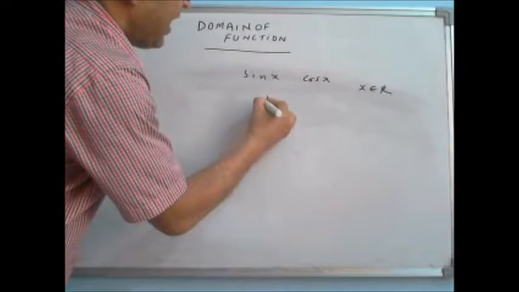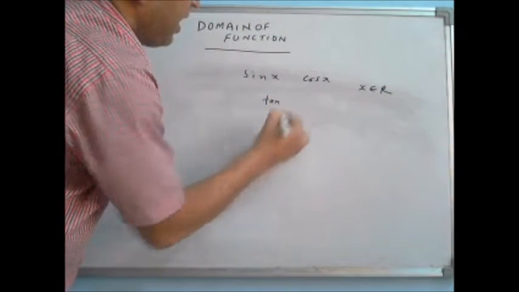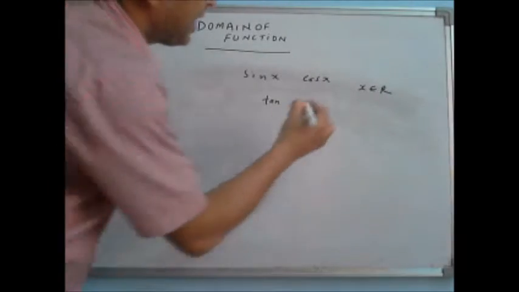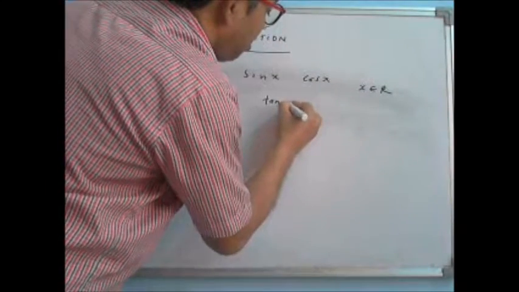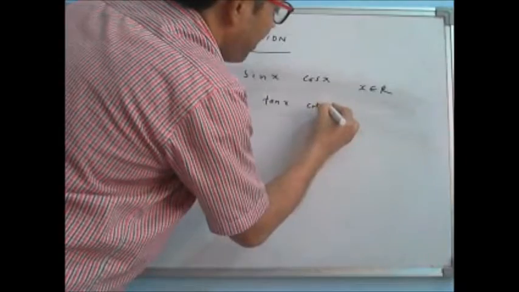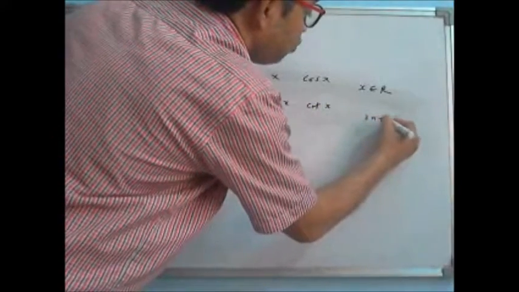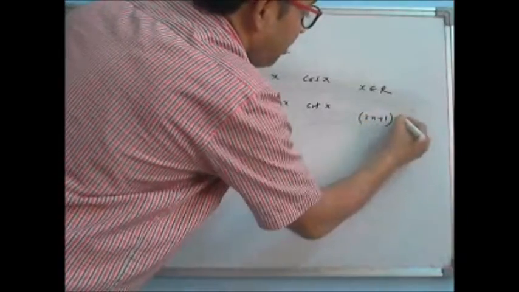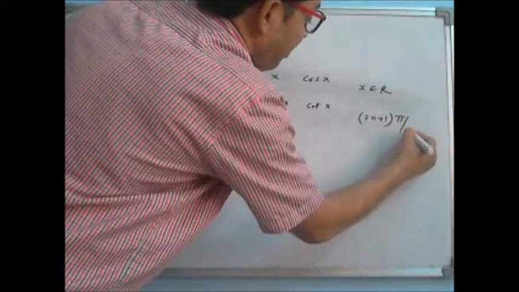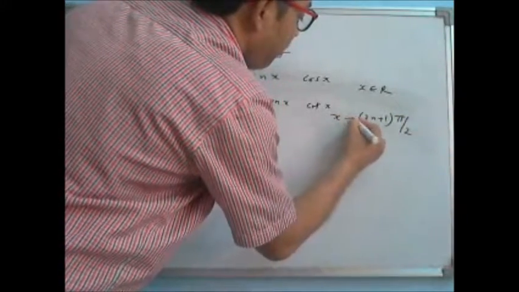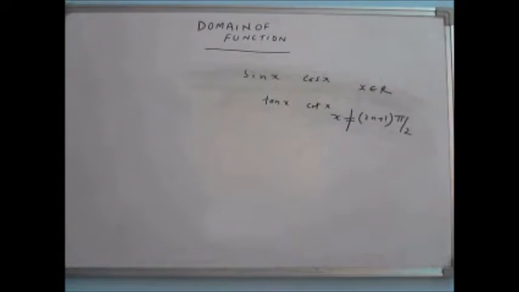But tan x and cot x are defined at all values of x except odd multiples of pi by 2, which can be written as (2n plus 1) pi by 2. x should not be this. Everywhere else, this is defined.